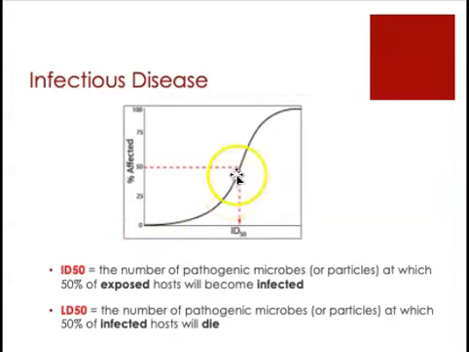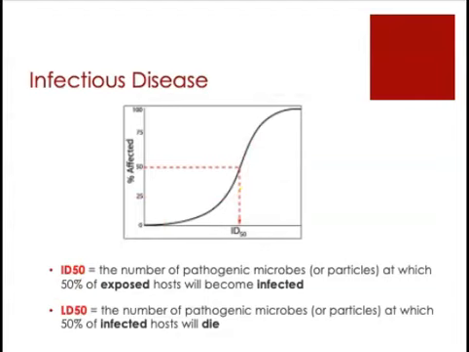And then there's an inflection point where, from that point on, as cell and particle number increases, percentage affected starts to drop off. You get this S curve, in other words. It's this middle point right here. It's in the center of that steep exponential curve that the ID50 and the LD50 is calculated.